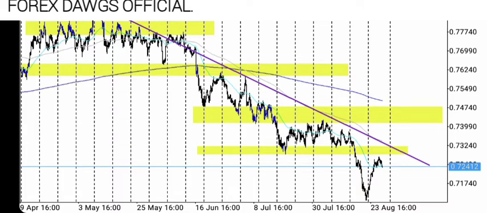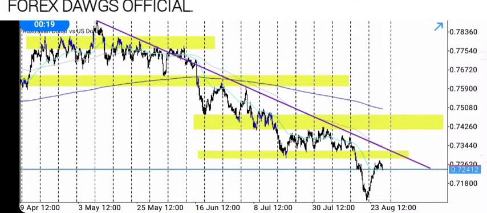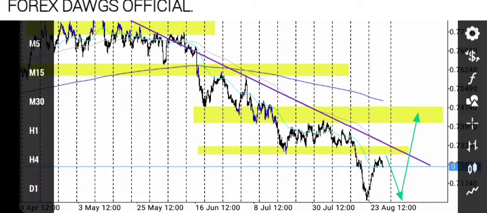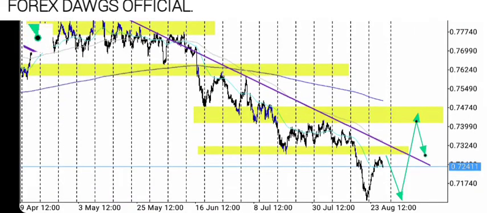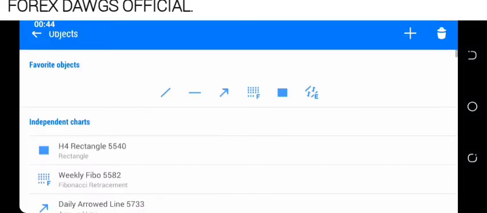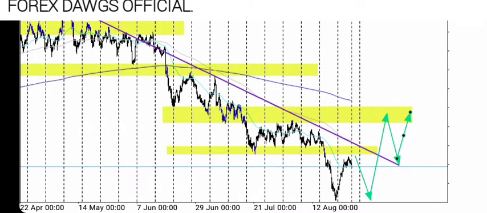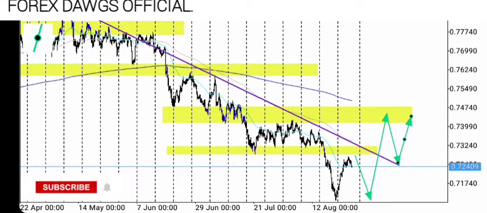I am actually expecting price to create something like a double bottom here, then go up to here to test this zone, then go down a bit to test this trend line, go up again to create an M. I will show you why price might do this using BTMM.